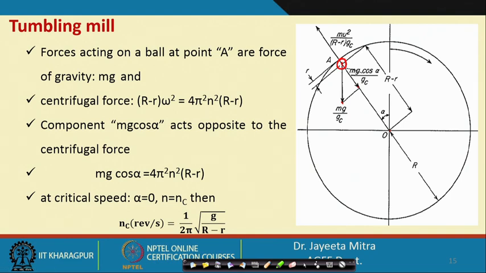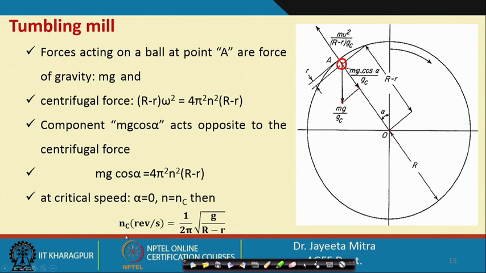So, we can take mg cos alpha equal to 4 pi square n square into (R minus r), and at that condition it will be the critical speed, n will be nc. So, nc we can get by equating mg with 4 pi square n square (R minus r).